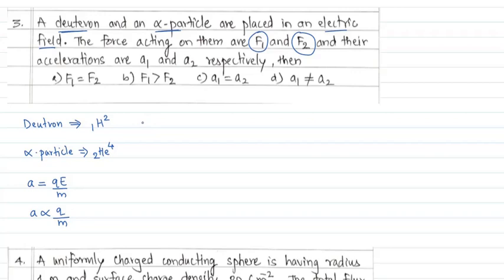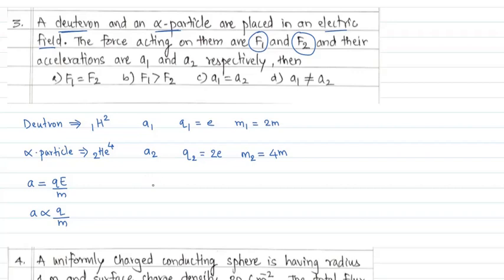So first, if I take deuteron, its acceleration A1, its charge Q1 is equal to 1e. Mass number is 2, so mass I will take as 2m. Acceleration of alpha particle A2, charge of alpha particle, atomic number is 2, so 2e. Mass of alpha particle M2, mass number is 4, so mass will be 4m. Now I will take the acceleration ratio.